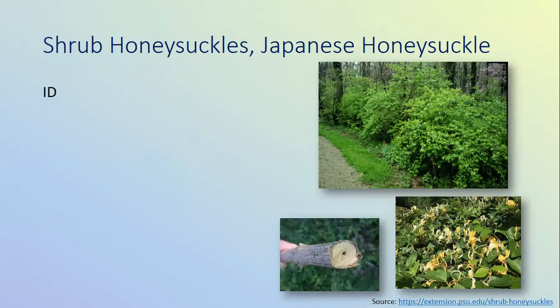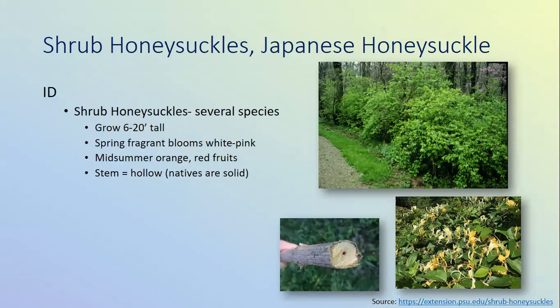All right, so I put shrub honeysuckles and Japanese honeysuckles in the same group here, just because they're very similar looking. There are several species of shrub honeysuckles. There are so many different species, I couldn't possibly go into it, but they all have very similar characteristics.